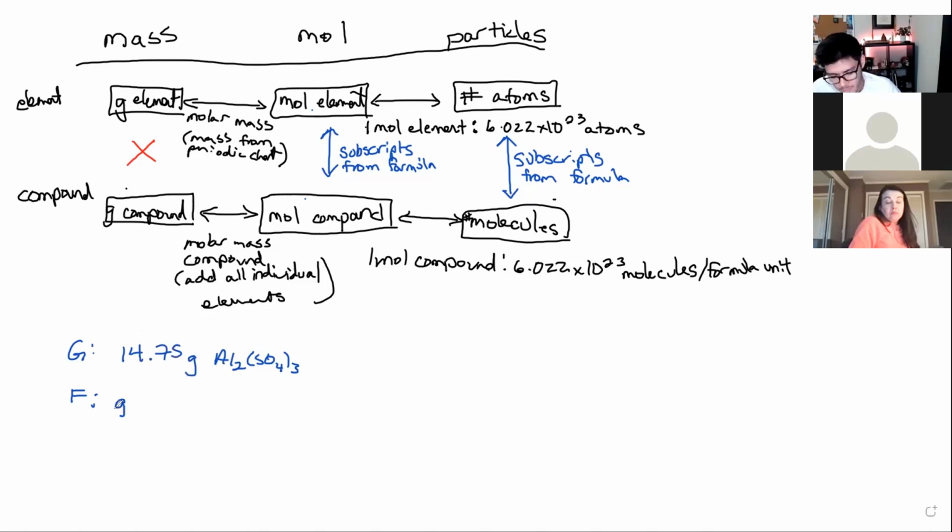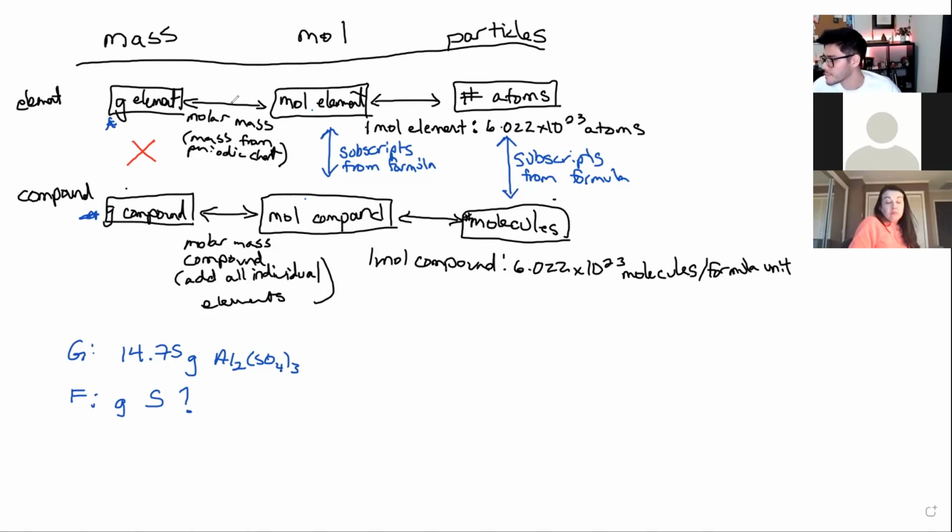And I want to know how many grams of sulfur is there. So I want to go from a mass amount of a compound, which is this thing here, to a mass amount of one of the elements, not all of them, just one of them. So I want to end up over here. So I need to coil through this.